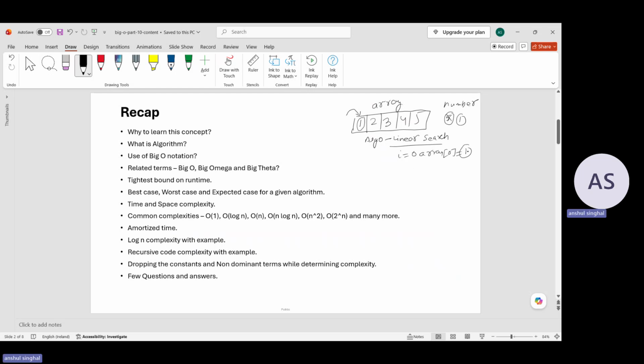Then we check whether this 1 matches the given number. 1 is equal to 1, it's true, so it will return its index, which is 0. This is the best case scenario, because we started iterating through this array and at the very first index we found the number. So we found the number at the start of the array.